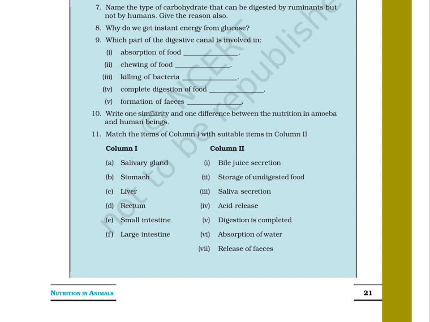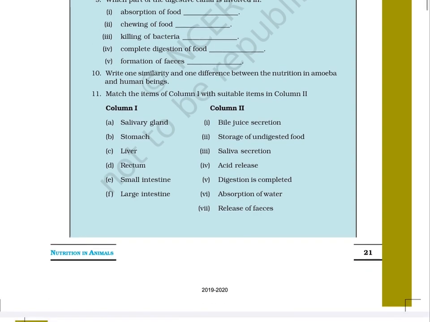11. Match the items of column 1 with suitable items in column 2. Column 1. A. Salivary gland. B. Stomach. C. Liver. D. Rectum. E. Small intestine. F. Large intestine. Column 2. 1.